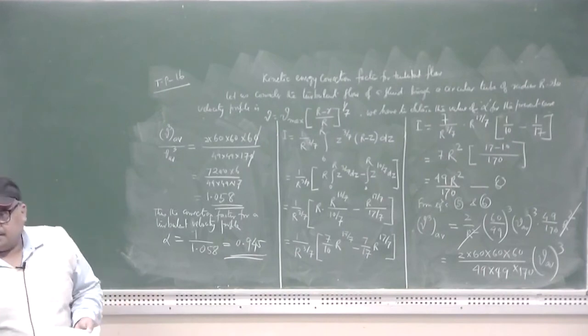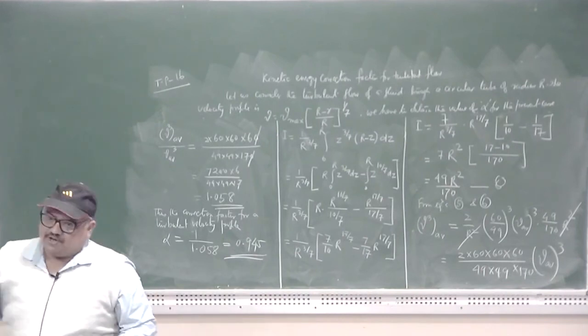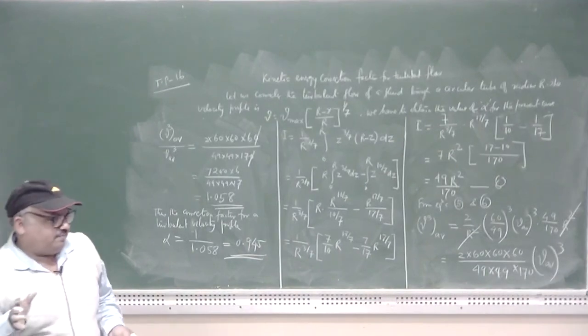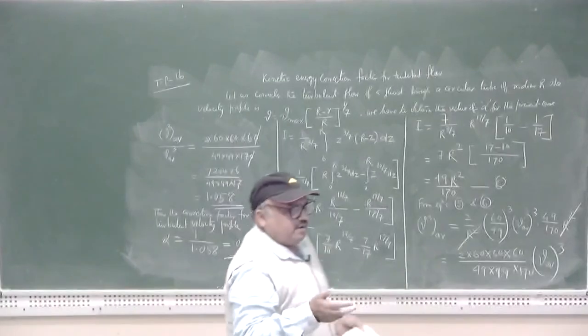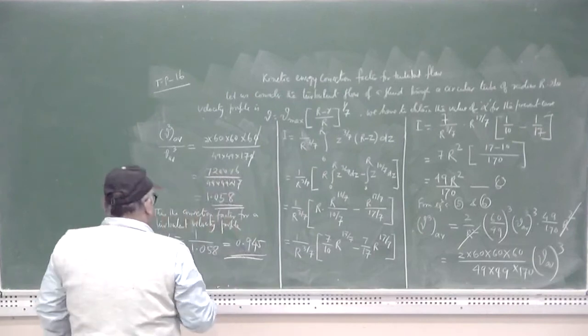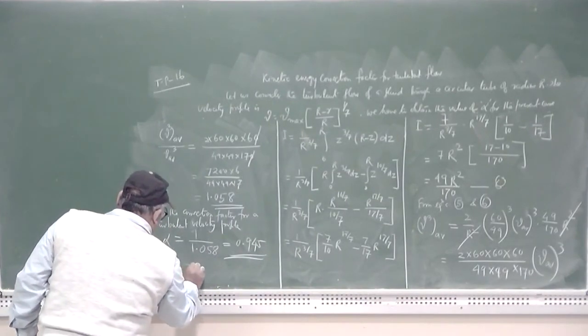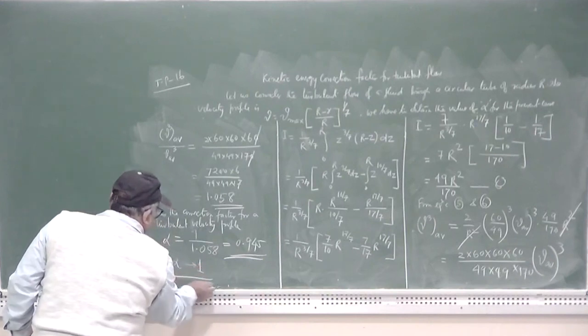So, if you change the value of the indices in the velocity profile for the different turbulent flow regions, you will find that this turbulent value is slowly tending towards 1.